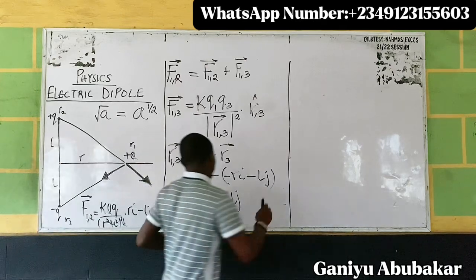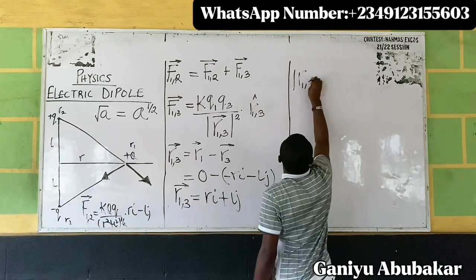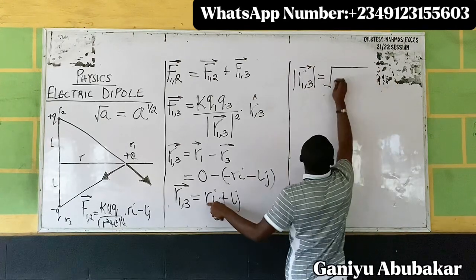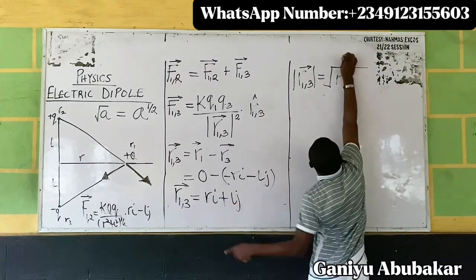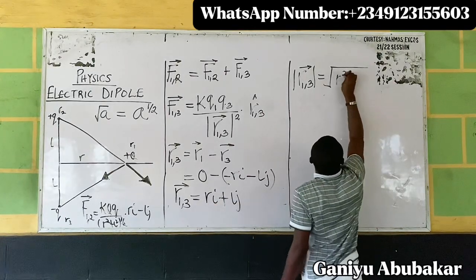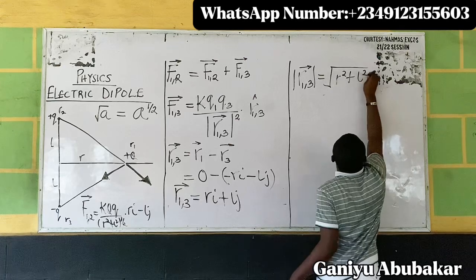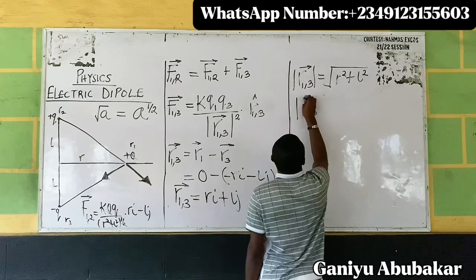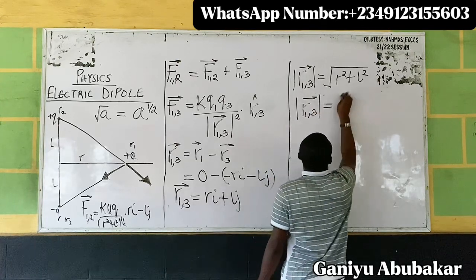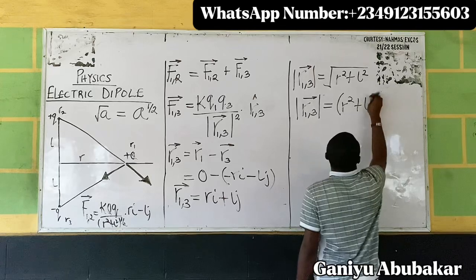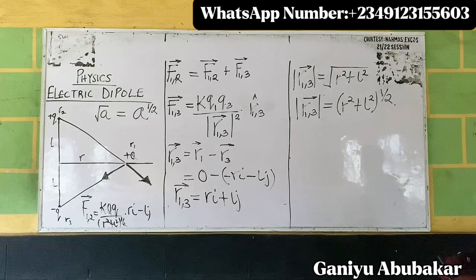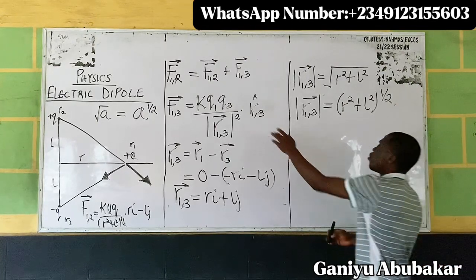Let's get the magnitude of r13. Magnitude of r13 is equal to the square root of the first term r squared plus l squared. I have that the magnitude of r13 is equal to r squared plus l squared to power half. Alright, I've gotten the magnitude of r13. Let's proceed in getting the unit vector of r13.